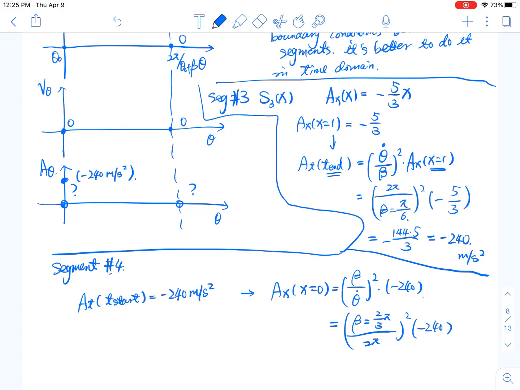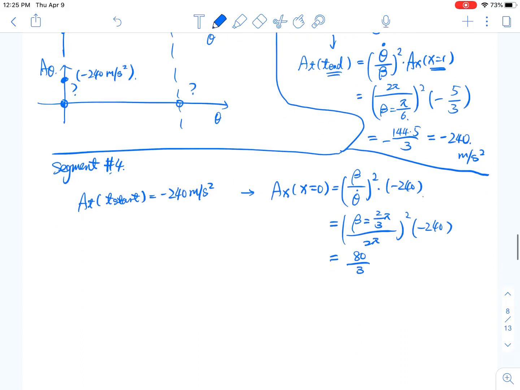So 2/3, that gives you 80 over 3. So that's your new boundary condition there.